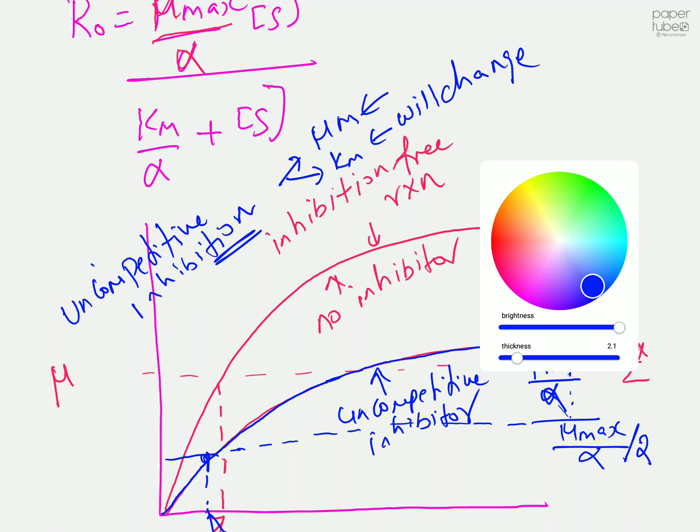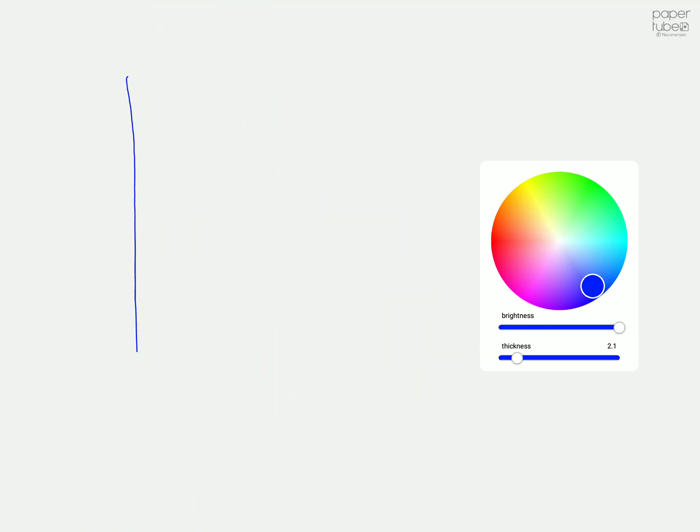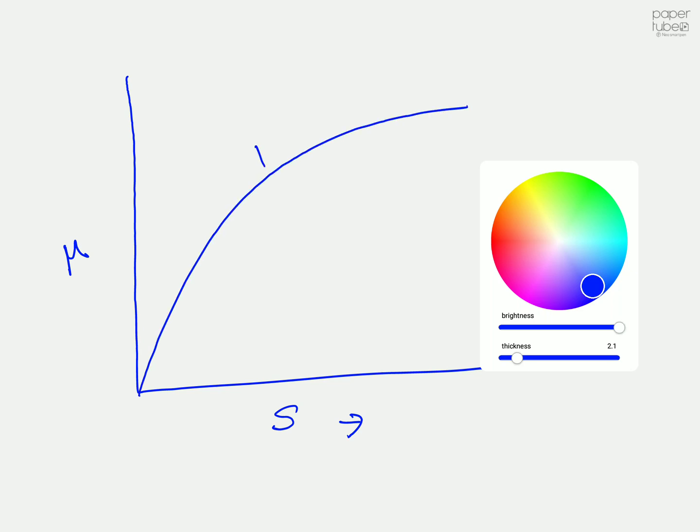And then for the competitive inhibitor, I hope you all remember. You have your substrate concentration here, you have your initial velocity here. This is inhibition free kinetics.